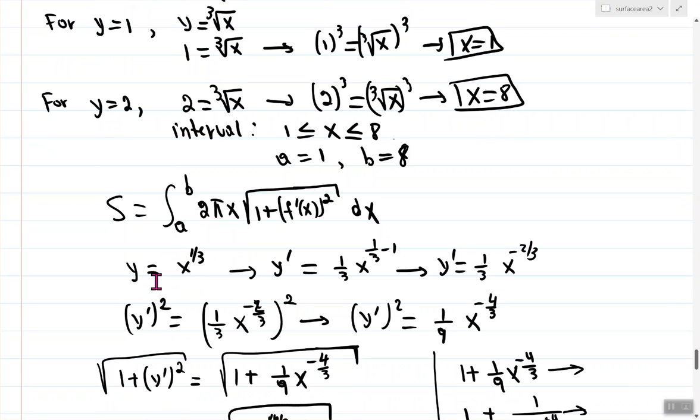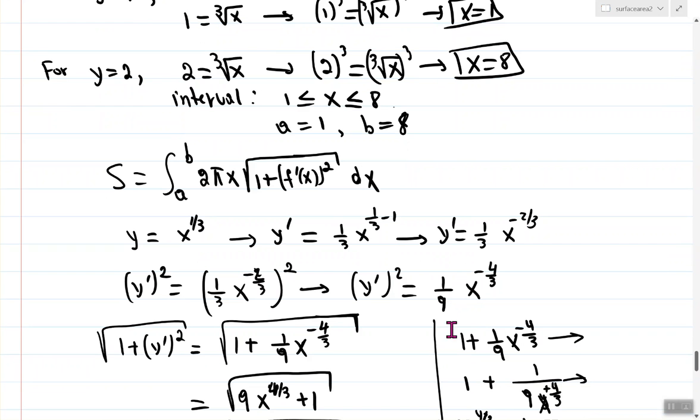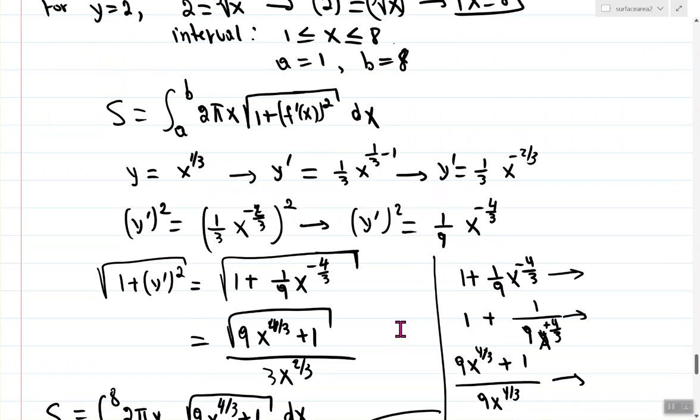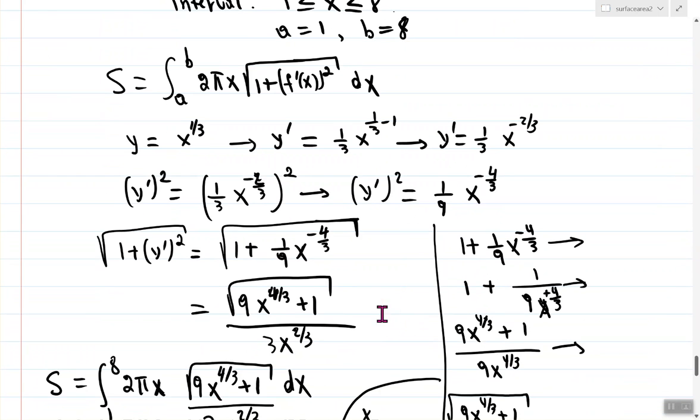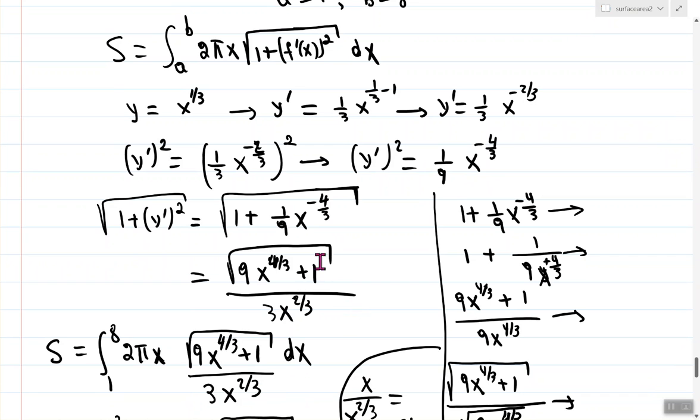So to differentiate the cube root of x, we change it to x raised to a third. We differentiate, and then when we square, we get 1 over 9 times x raised to negative 4 over 3. And this is kind of messy because comparing to case 4, this becomes a little bit harder.